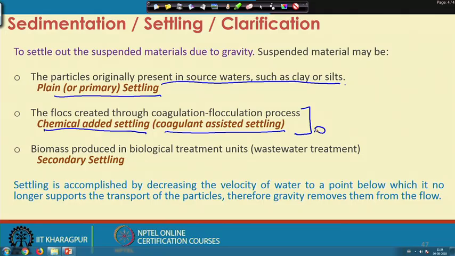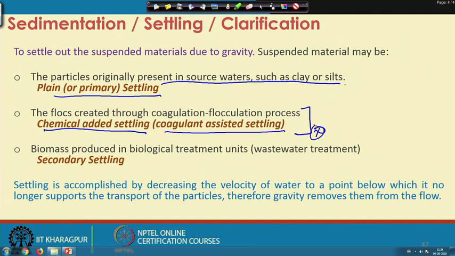However, in typical sewage treatment plants, the coagulation flocculation process is not performed, because anyway these finer suspended particles are settled in the primary settling, and then the secondary settling, which is typically adopted after the biological processes, takes care of the rest of the material, even including the colloidal particles if available. So, that is generally not there in wastewater treatment processes.